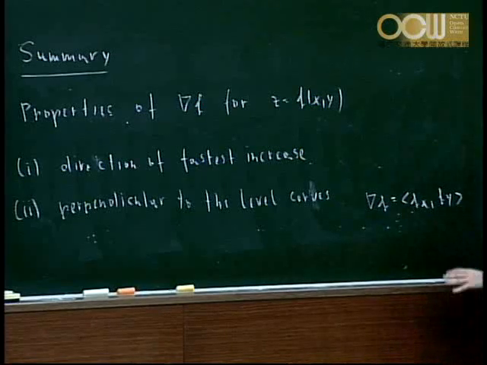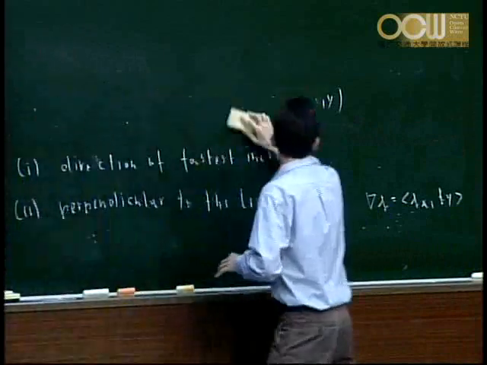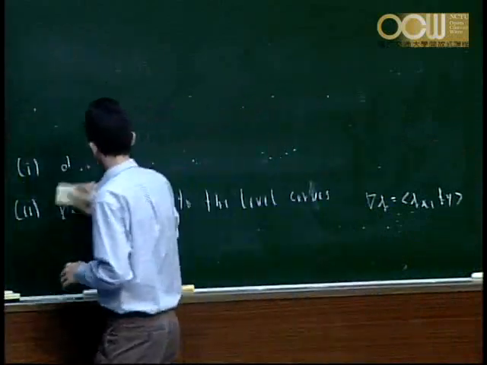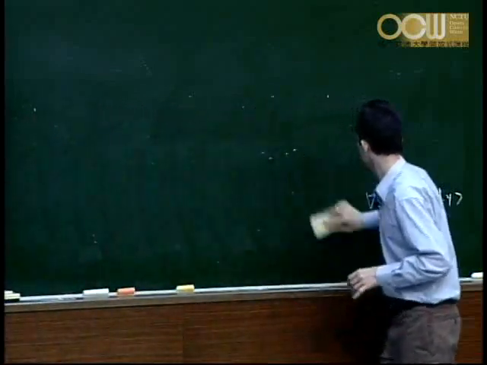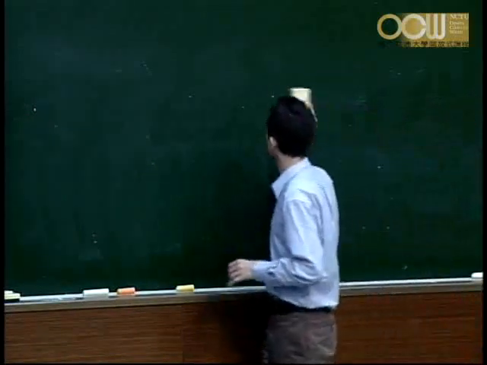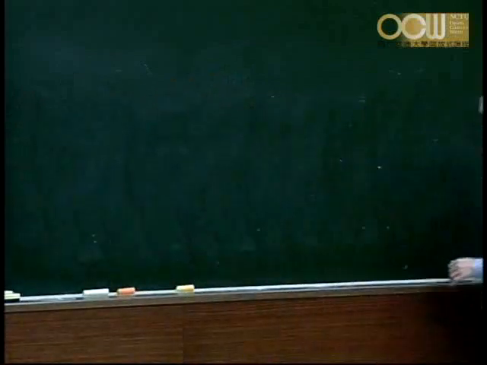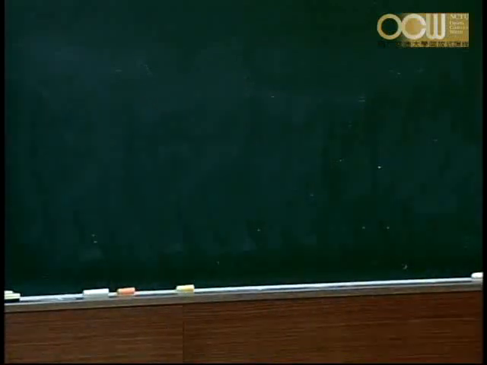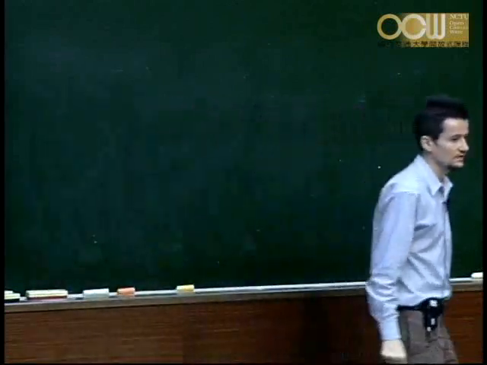Now, this is essentially everything I wanted to tell you about directional derivatives and the gradient vector. When we talked about directional derivatives, we just used the gradient vector as a convenient notation to shortly write our formula for computing the directional derivative. But it turned out that the gradient is an object which is interesting in its own right, because it has some interesting properties.